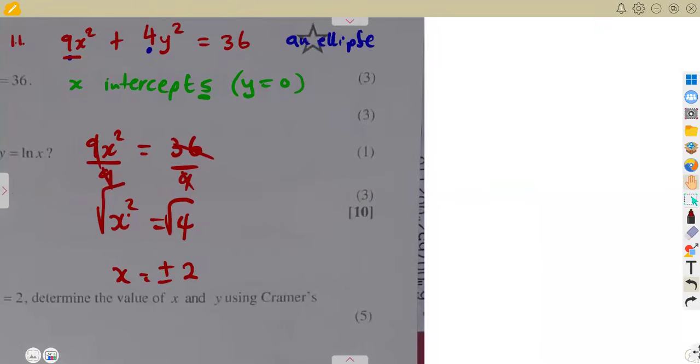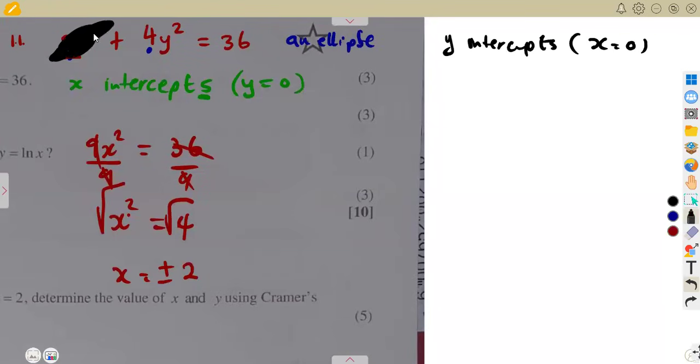All right. On the other part, we can consider the y-intercepts. For the y-intercept, what is the condition this time? X must be equal to 0. It means we have eliminated the part of x. If x is equal to 0, we no longer have this part. So we are having 4y squared, which is equal to 36.